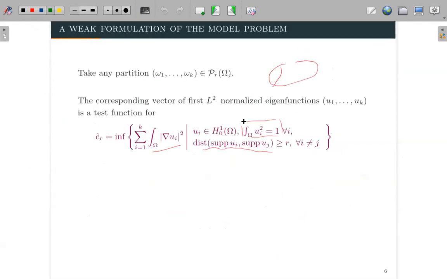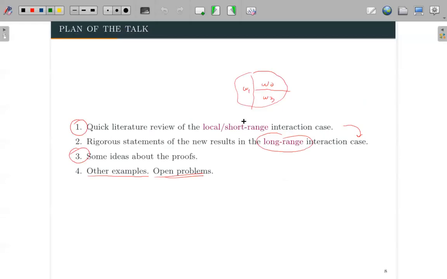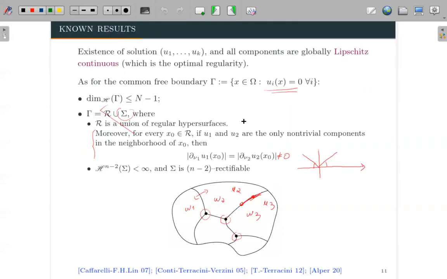What I imagine is this, and this is why I like the connection with the elliptic systems. You can think about the presence of maybe a particle here that would interact with others with a potential of this kind, right?